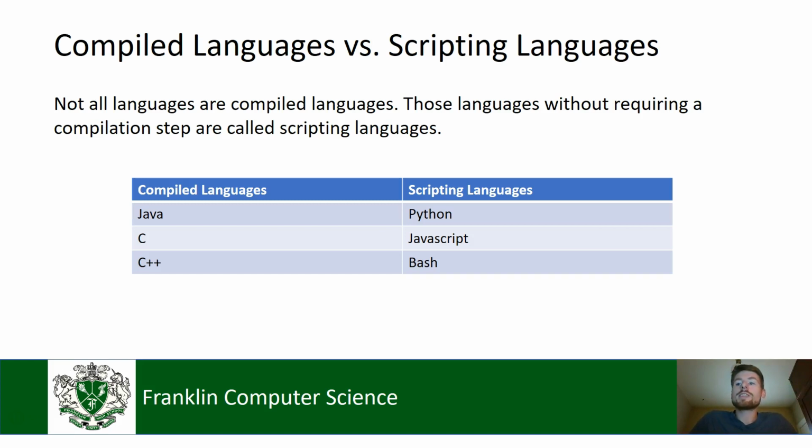And then Bash, that's a command line language for Linux or Unix operating systems, not Windows operating systems. But you can write programs that are Bash scripts, and they're going to run. It's another scripting kind of language. It's a little bit of a different flavor from the other two.